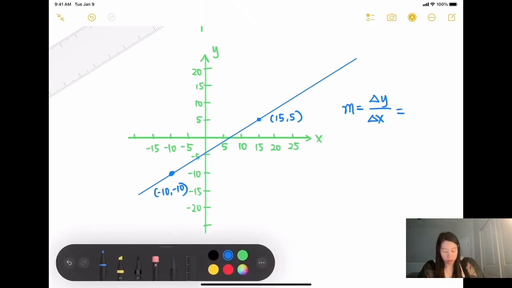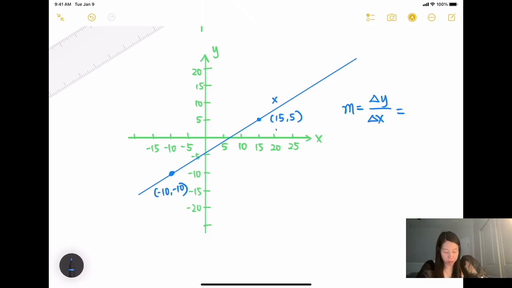So now let's look at here. If this is x1, this is going to be f(x1). If this is x2, the second -10 will be f(x2). So we substitute into our equation. Don't skip the steps.